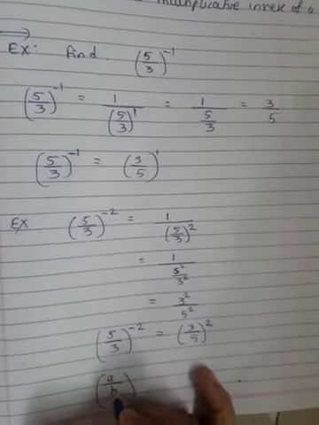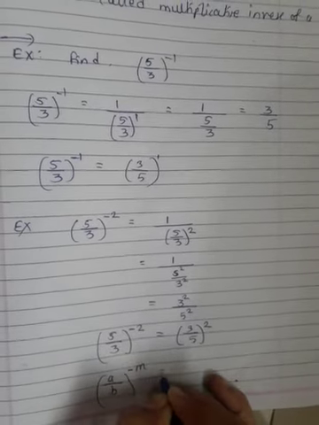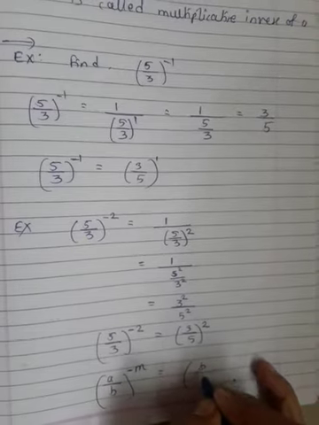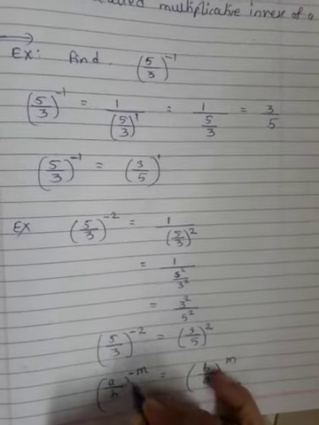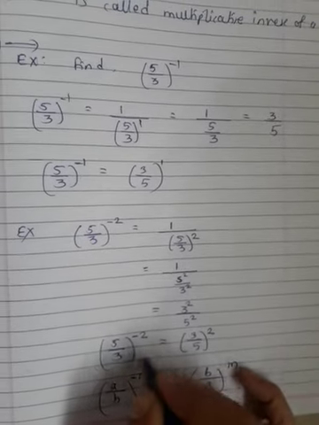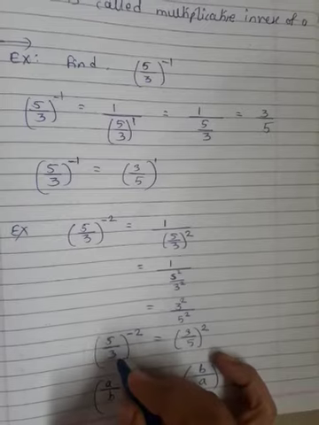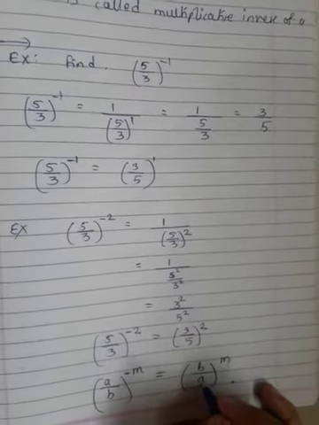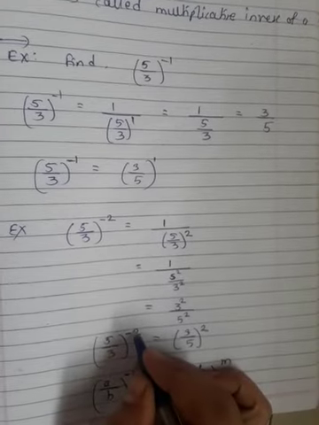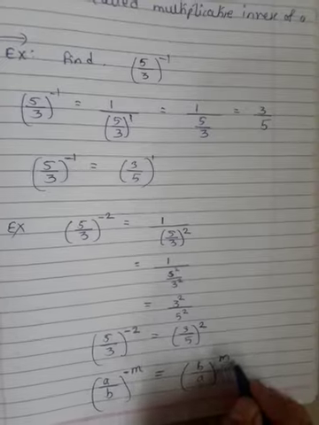So here we got one more result. If A and B are non-zero numbers and the power is negative, then we can write it in terms of positive. So A by B raised to minus m means B by A. See, 5 by 3 gets 3 by 5, so A by B gets B by A, and the minus power gets positive, so minus m gets plus m.